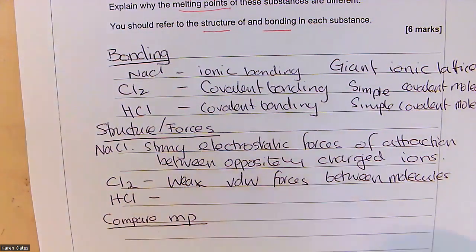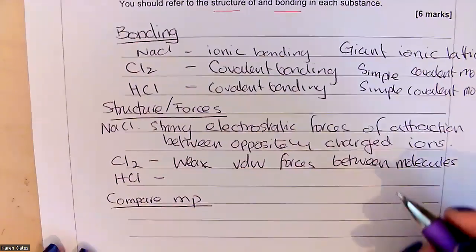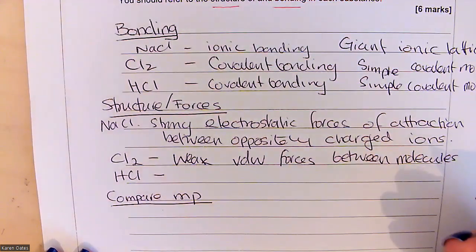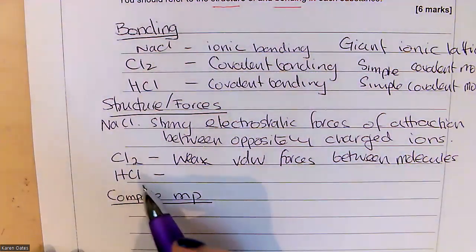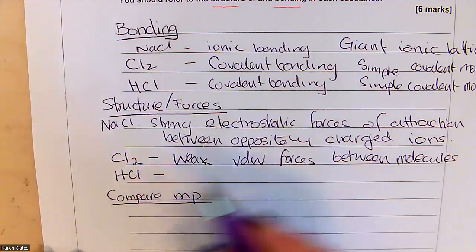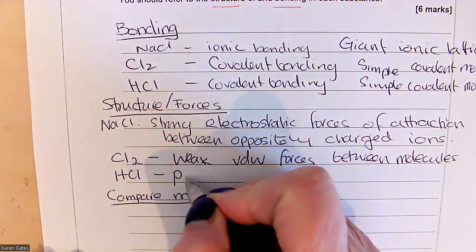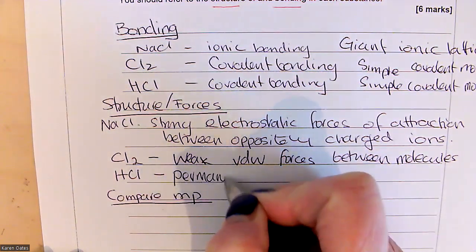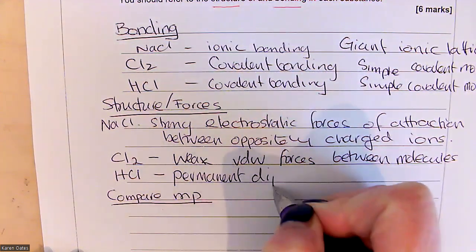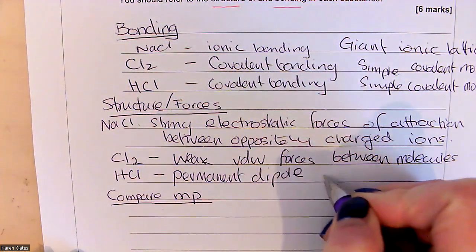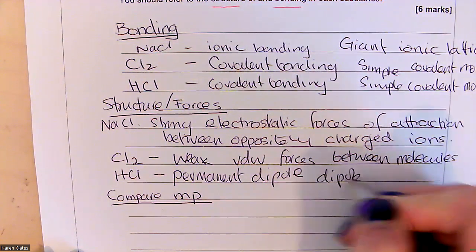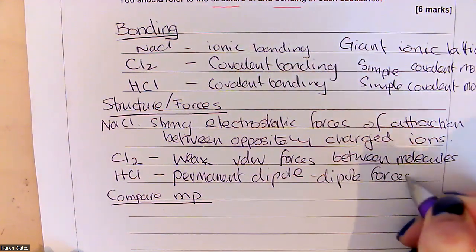And for the hydrogen chloride, there's always van der Waals forces in any molecule, but with this, we have got a dipole. So this is a permanent dipole. Dipole force. And that's what's going to keep those together.